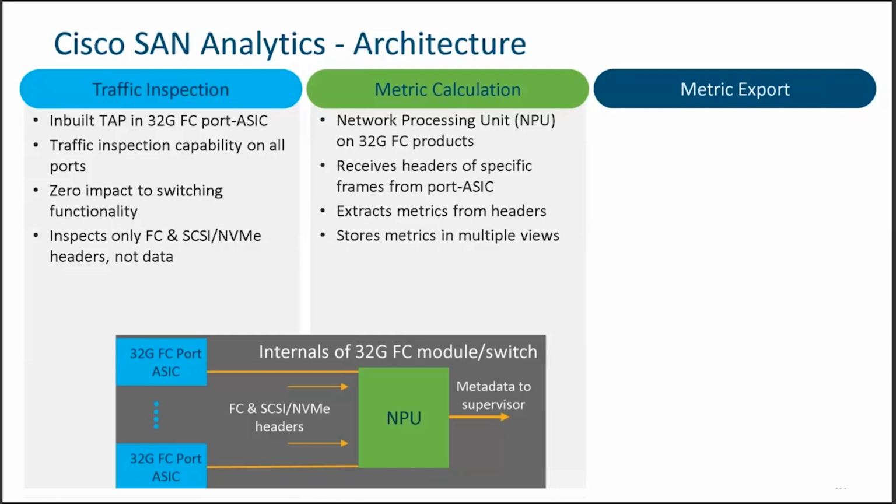So I do have a question. I may jump a little bit ahead of your presentation, but I know that we're also taking data for the depth queue. One of the things I noticed is that when customers move from 8 gig to 16 gig to 32 gig, they assume they can double the fan-in ratio on the storage array, which is not necessarily true because every storage array has its specific limitation.